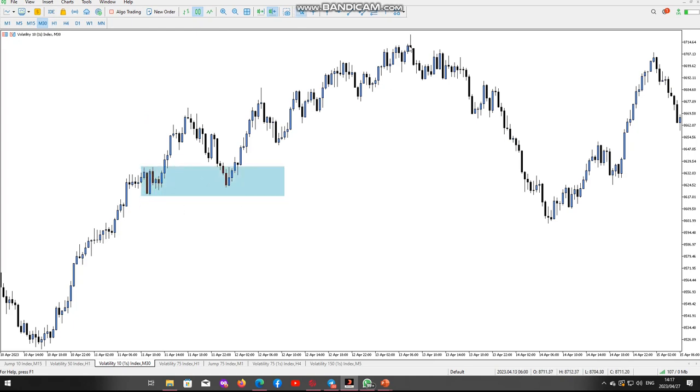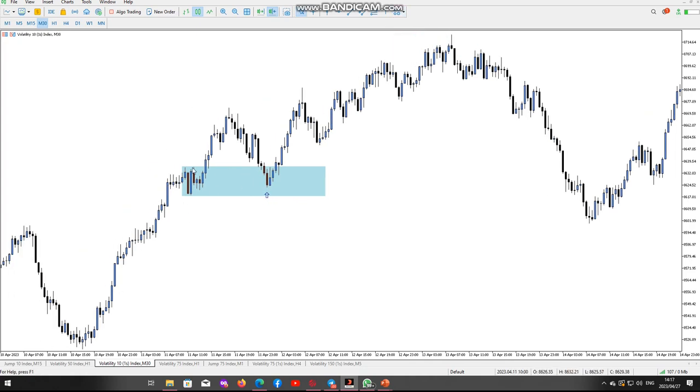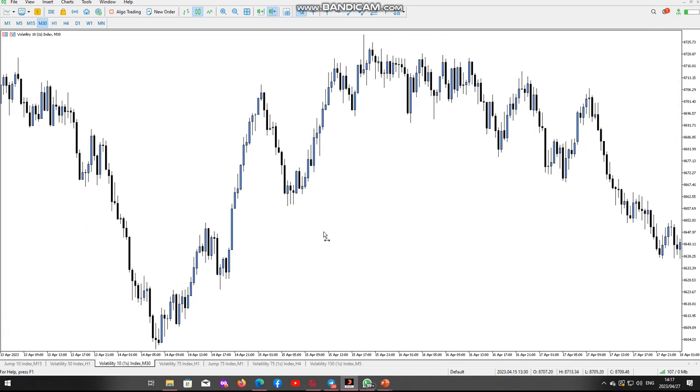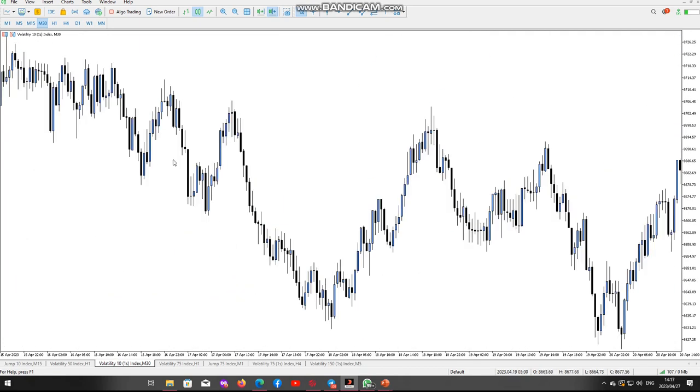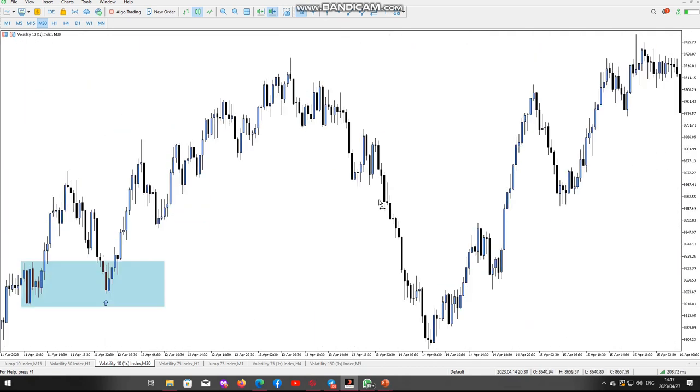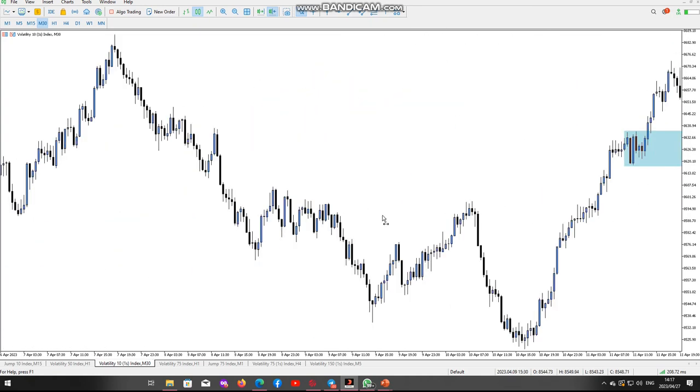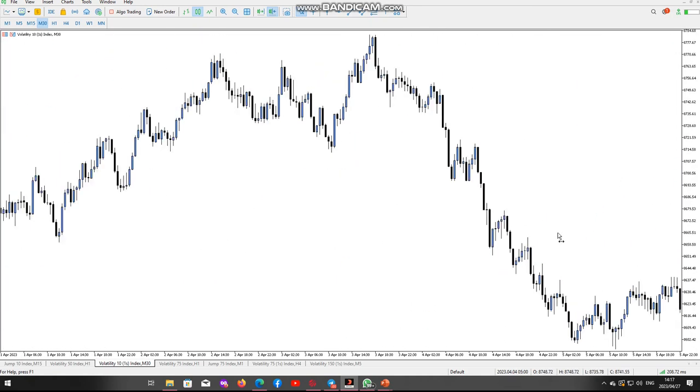Then from there, it came back and continued running up. Guys, these things, they are simple. So you can have as many order blocks as you can, but the higher the time frame, the higher the accuracy of the order block.